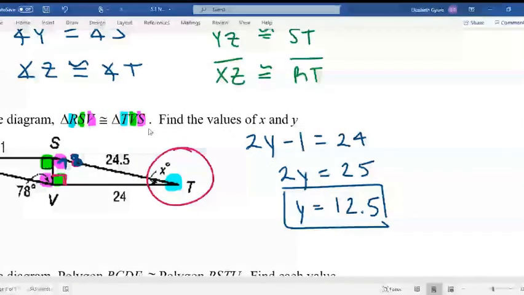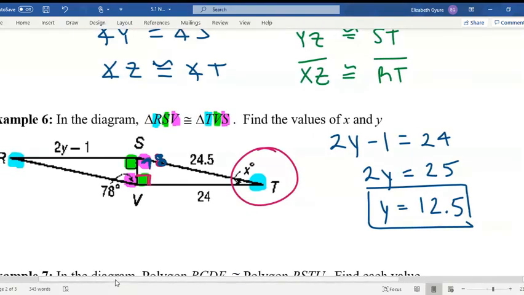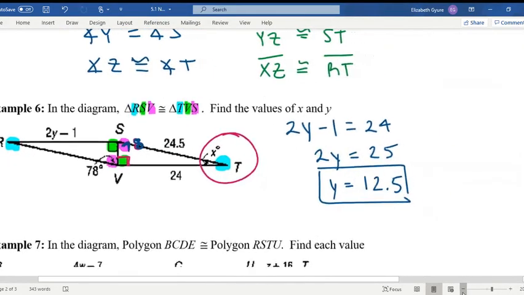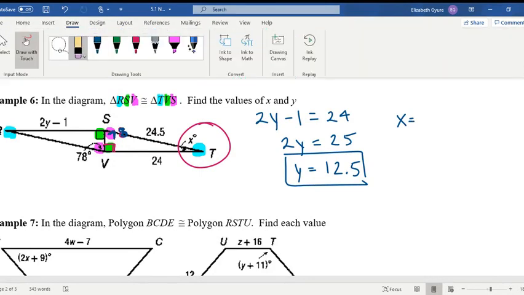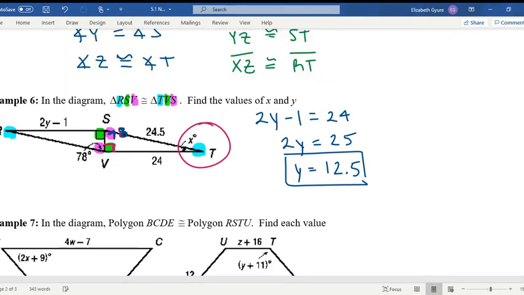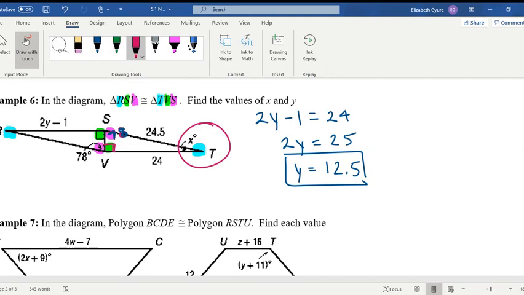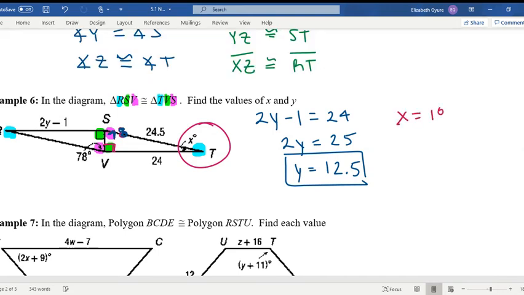So if I now have this triangle with a 78 and a 90, can I add those up and subtract to find my other angle? Yeah, absolutely. So to find angle X, I'm going to do 180 minus 90 and 78.